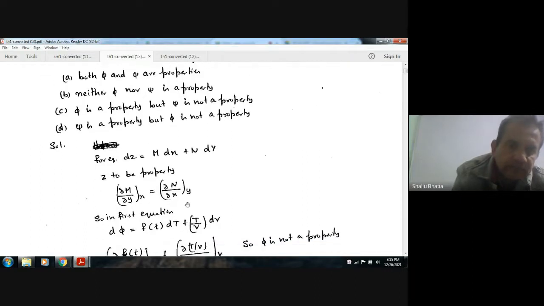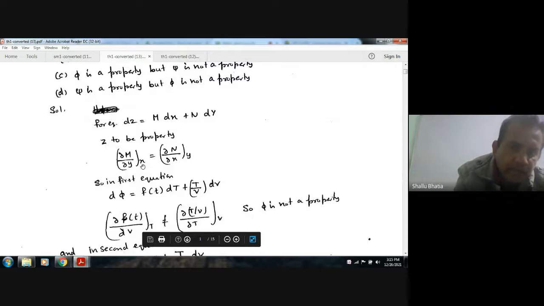In the first case, z is φ, and M is f(T), and y is V, and similarly N is T/V, and x is T. So these are not equal. The function of T can be anything, so it can have any expression. So φ is not a property.